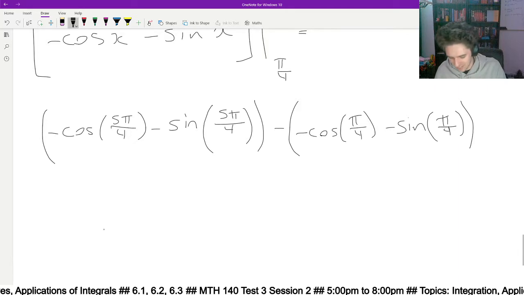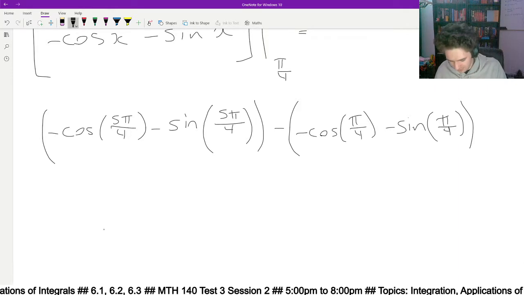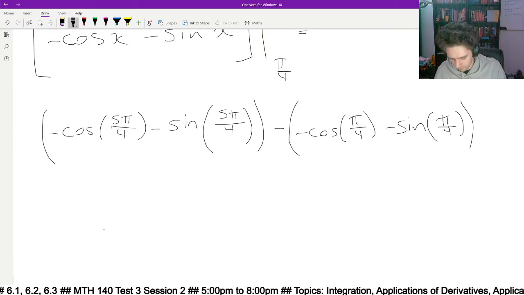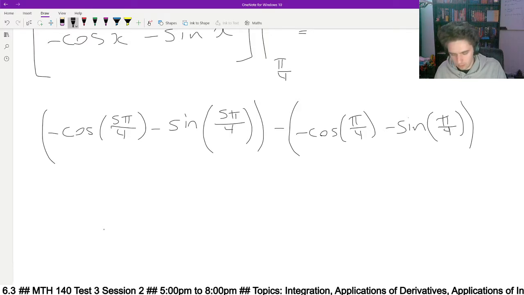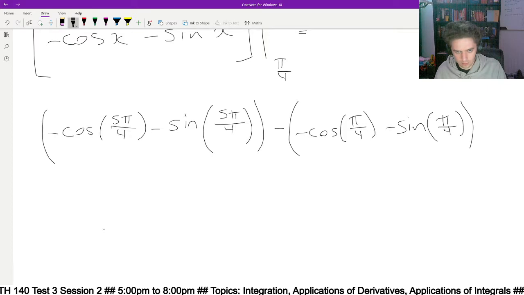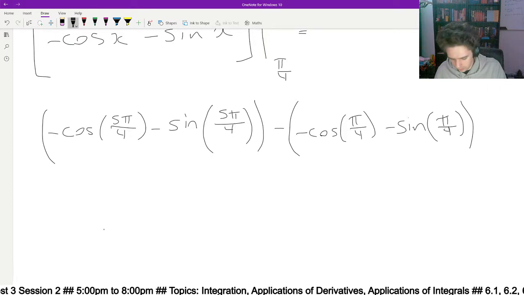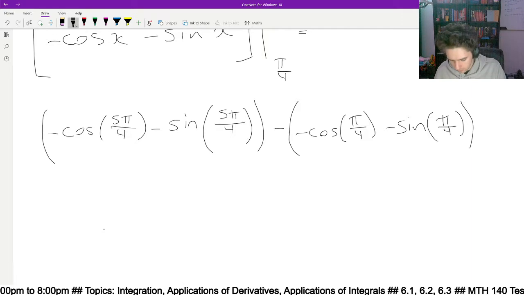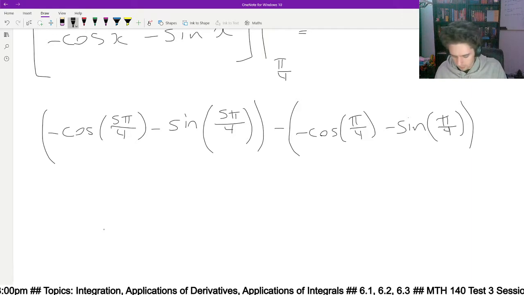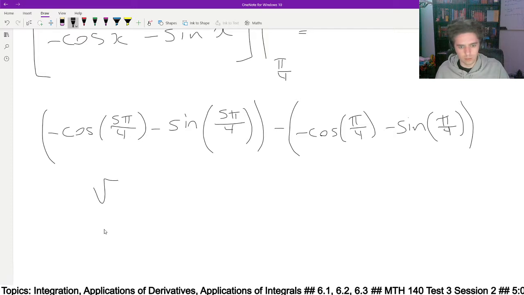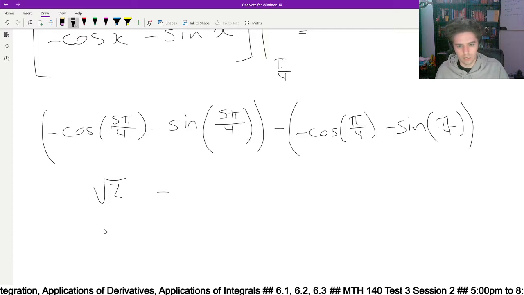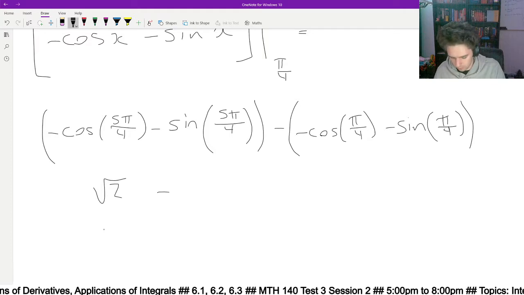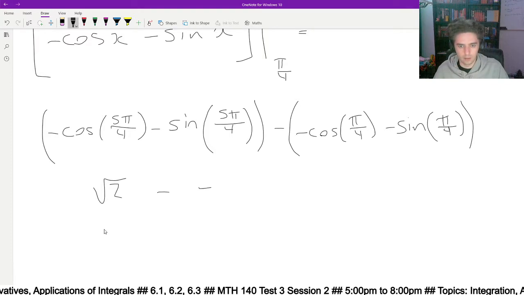So negative cos of 5 pi over 4 minus sine of pi over 4 would be root 2. So this is root 2 minus, root 2 again? No, that doesn't make sense. Isn't it root 2 over 2?